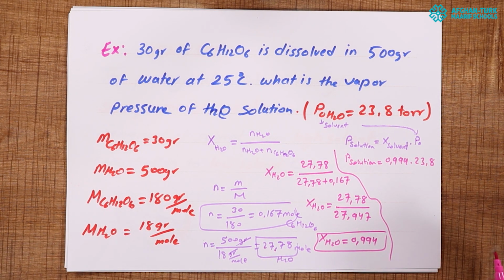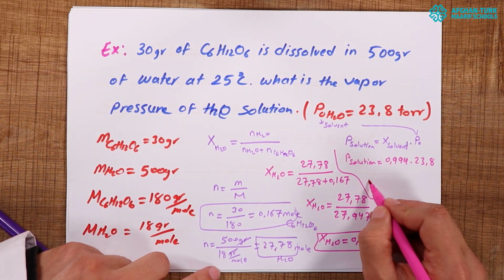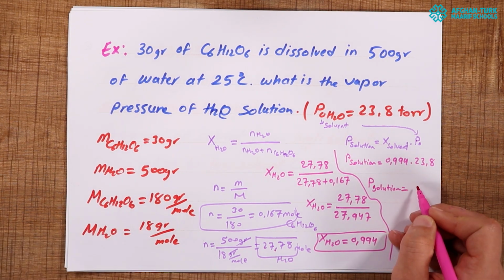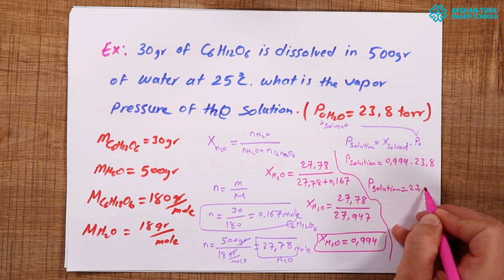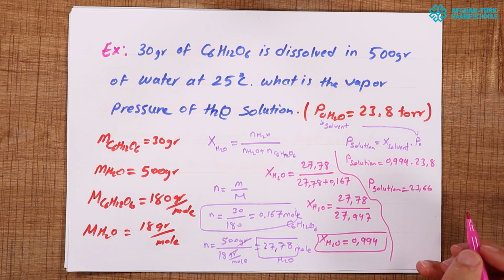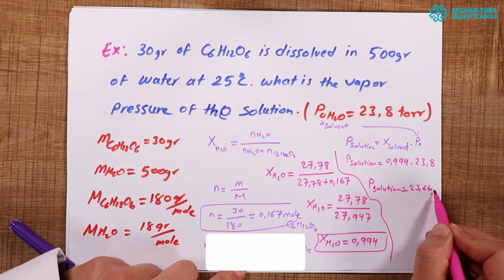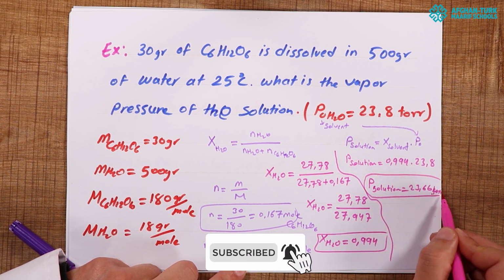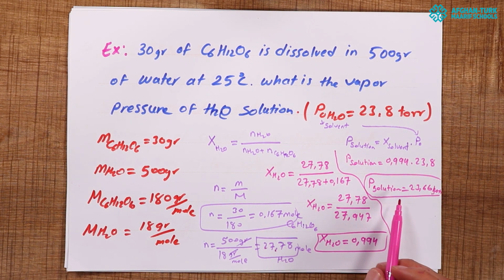When we multiply 23.8 times 0.994, it will give us 23.66. The vapor pressure of the solution will be equal to 23.66.